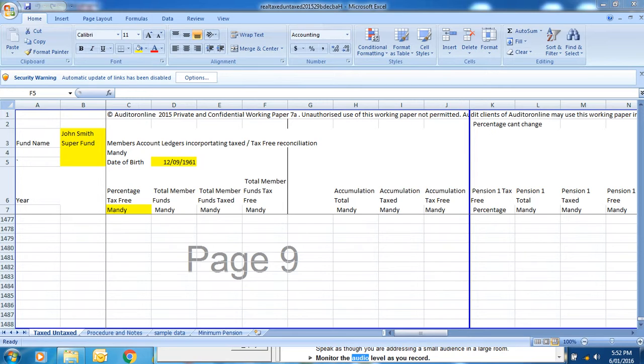Taxed or tax-free? Well, what about transfers from reserves? Well, the list is quite extensive, and that's probably not all of them. Quite a few situations to consider there.